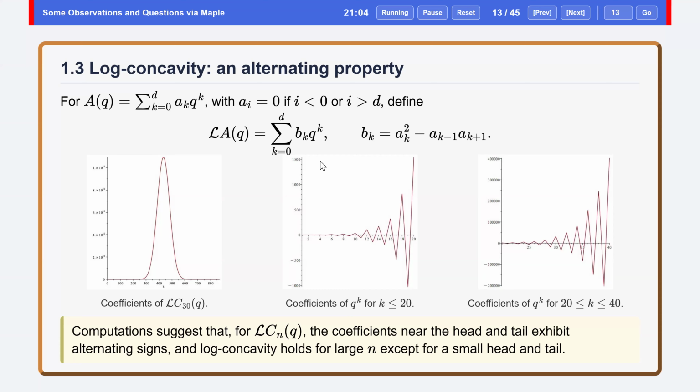So the coefficients are alternating, and the differences, or the range, are getting bigger and bigger. The vibration gets bigger and bigger. This is something we didn't expect to discover, but which seems to be an important property.